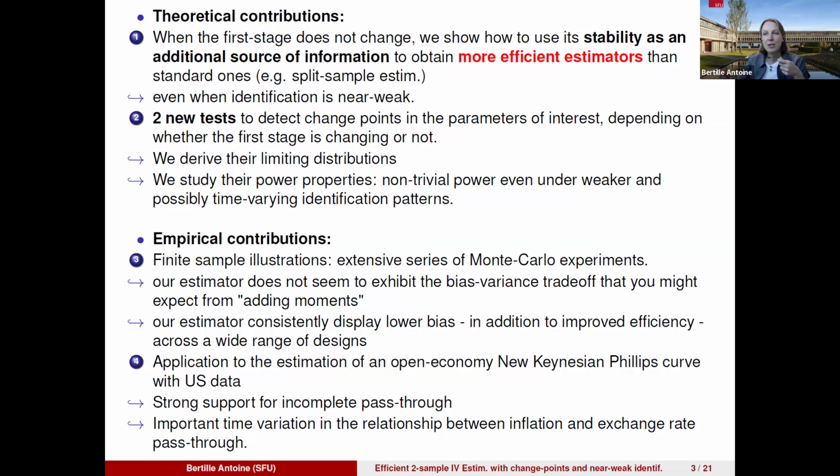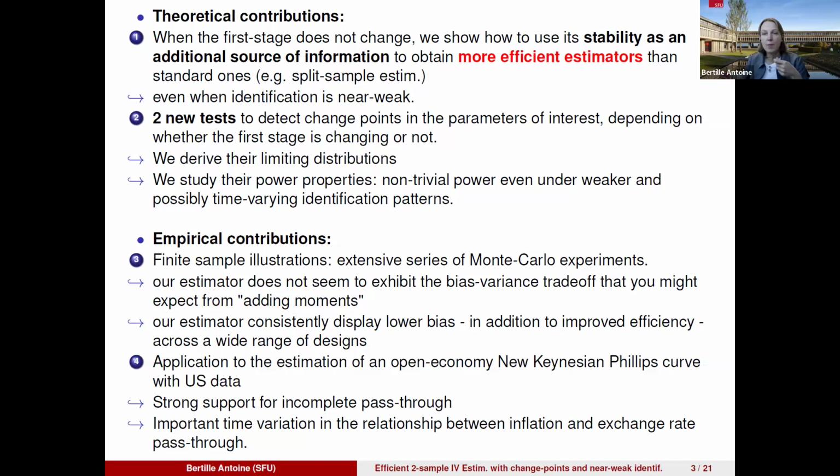One thing that I want to mention, because I won't have too much time to talk about it, is the fact that in a GMM framework, when you add additional moments, you might wonder if you might be experiencing something like a bias-variance trade-off, especially in finite samples.